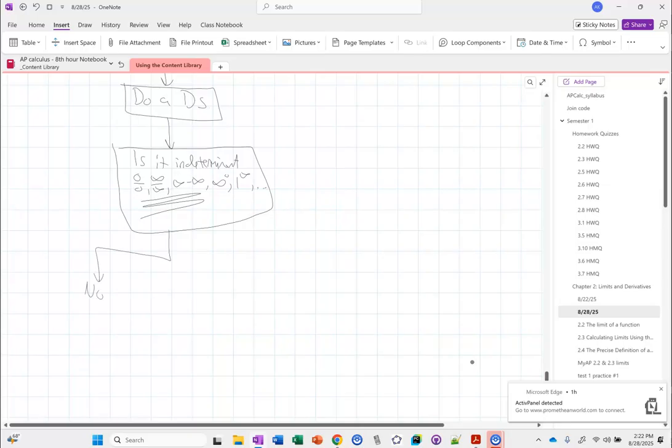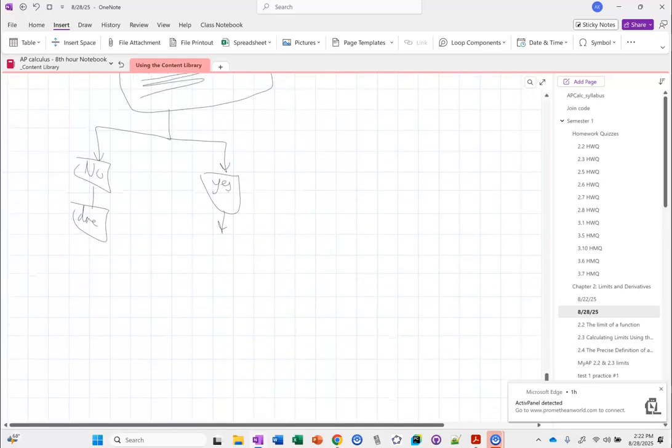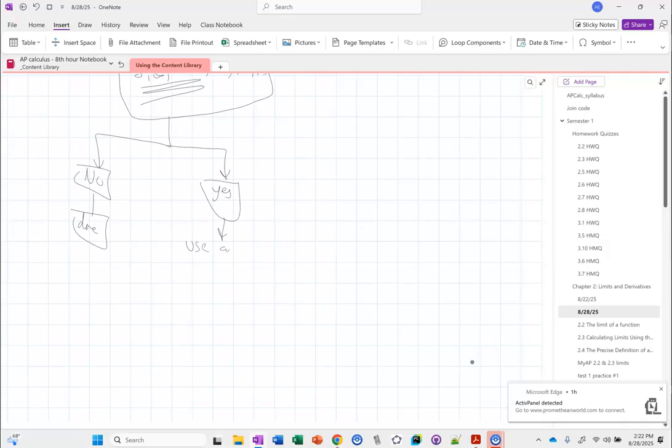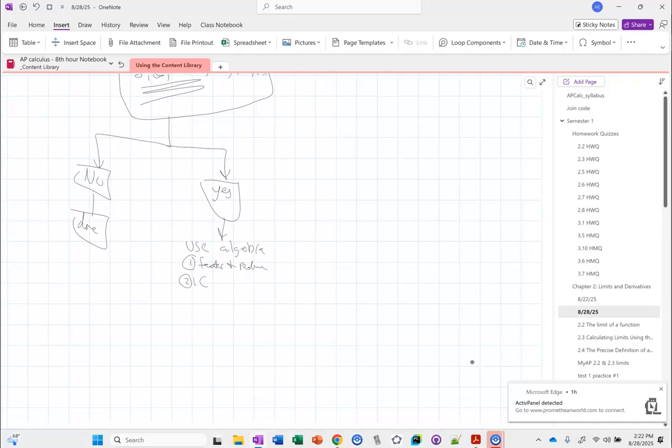So if the answer is no, then you're just done, right? If it comes out and you stop. If it is indeterminate, you've got to do some algebra. So for you guys, what have we seen? We've seen factor and reduce, right? Make a least common denominator and add fractions.